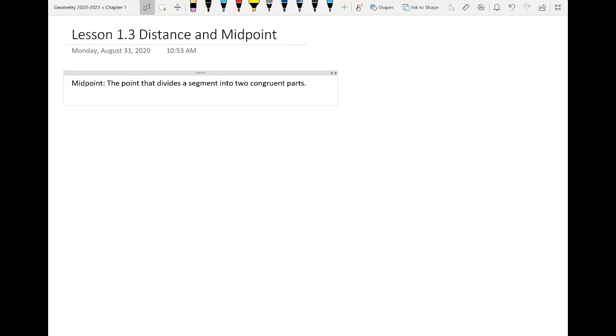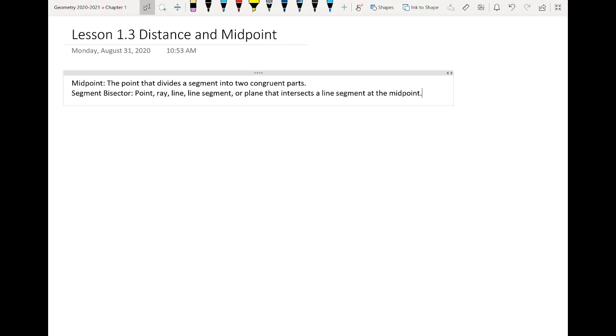Okay. Moreover, you're going to see another term that's called the segment bisector. A segment bisector, by definition, is not just a point, but it could be a point, ray, line, line segment, or technically a plane, which we won't deal with that very often, that intersects a line segment at the midpoint.